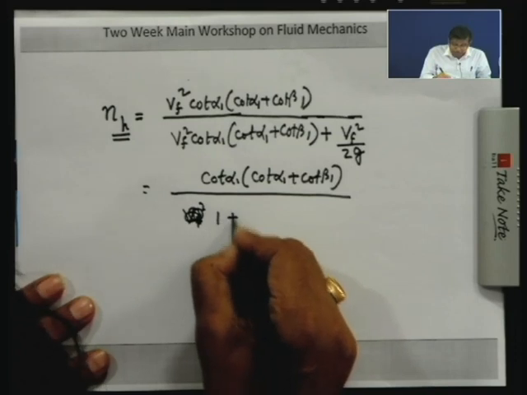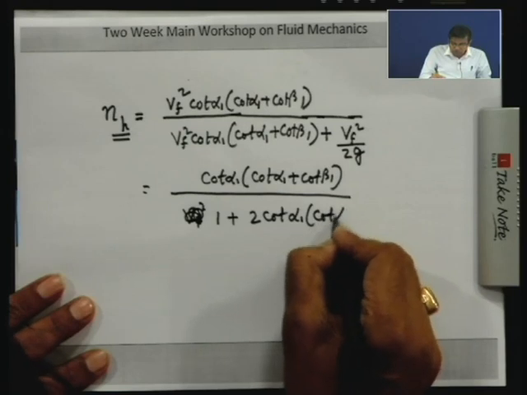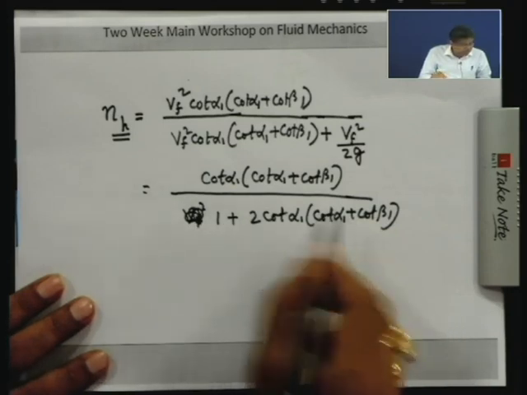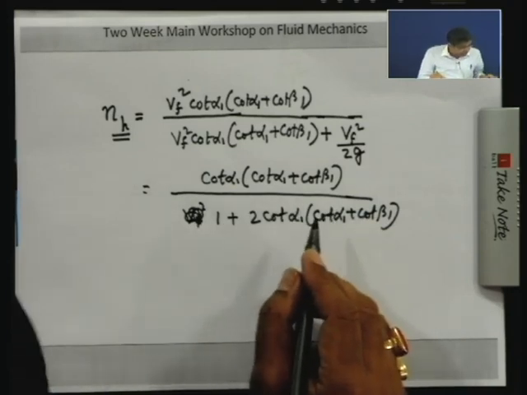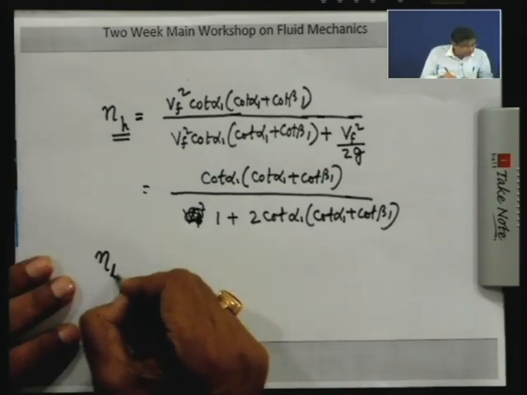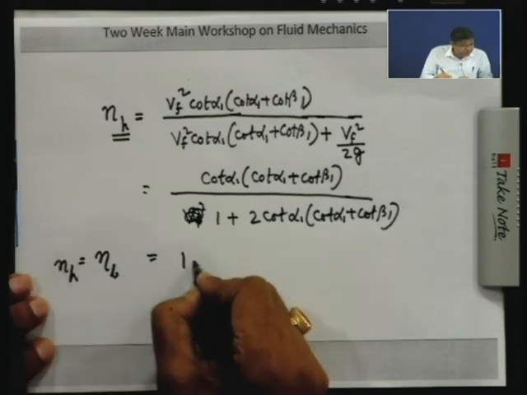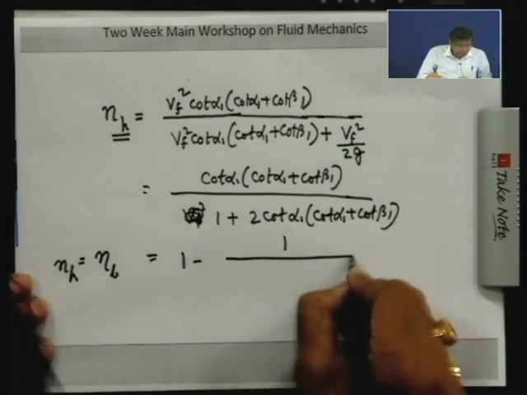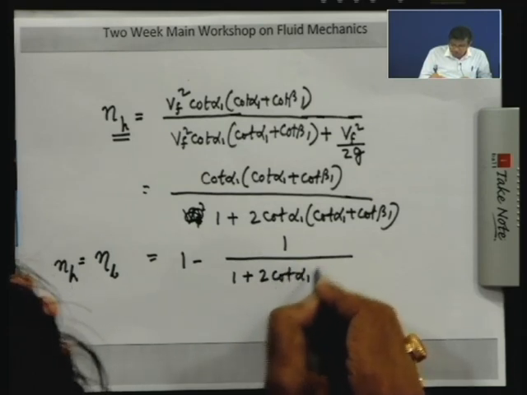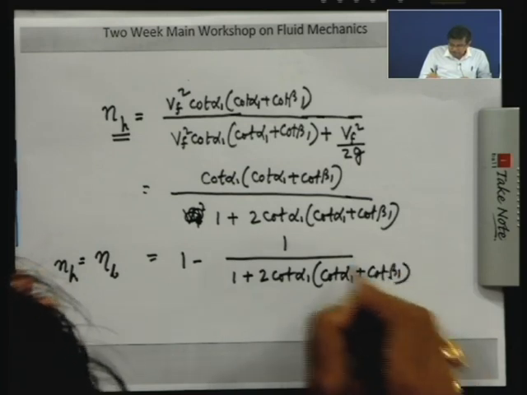So 1 plus 2 cot alpha 1 into cot alpha 1 plus cot beta 1, and if you make an arrangement, plus 1 minus 1, ultimately you can show that this equals eta H or eta B, the blade efficiency. Sometimes eta H means hydraulic efficiency of the blade. It can be expressed as, this is a conventional expression, 1 plus 2 cot alpha 1 plus cot beta 1.